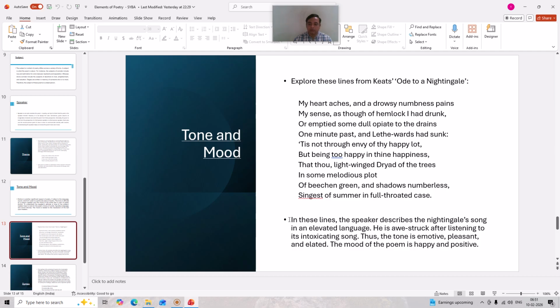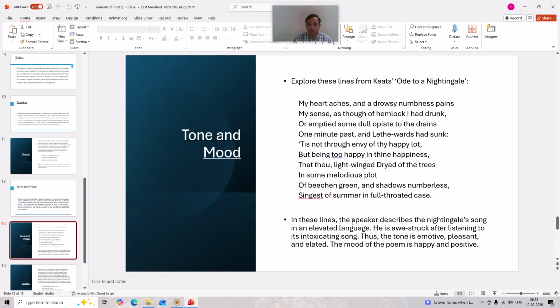These lines describe the Nightingale's song in elevated language. It makes us understand that the speaker, who is feeling a heartache in his heart, has consumed a kind of drink for intoxication.